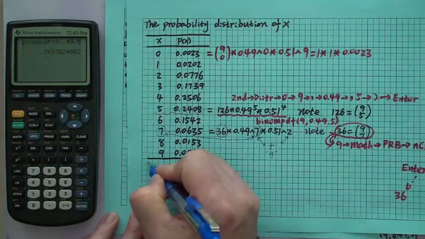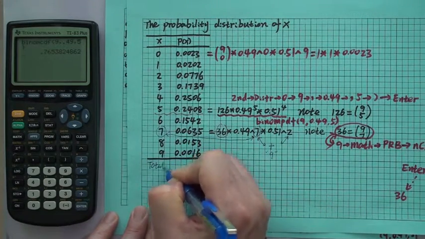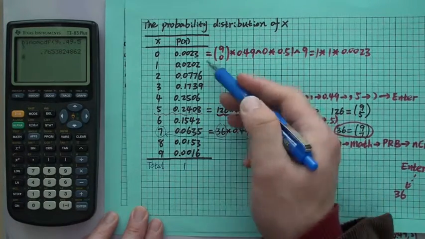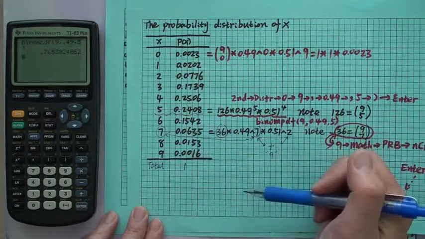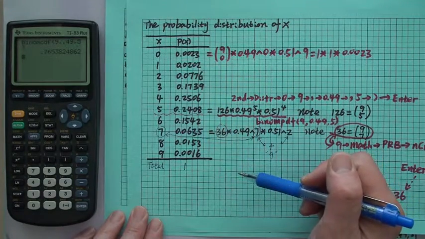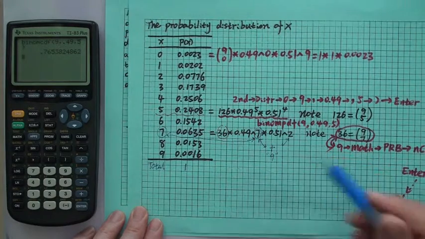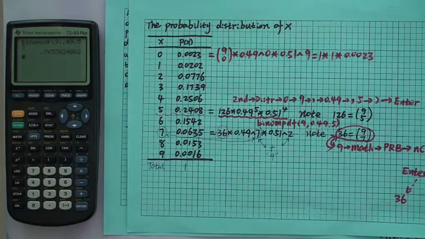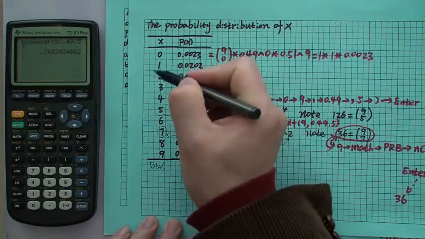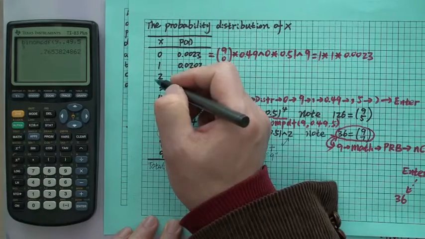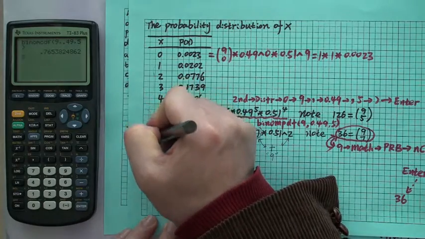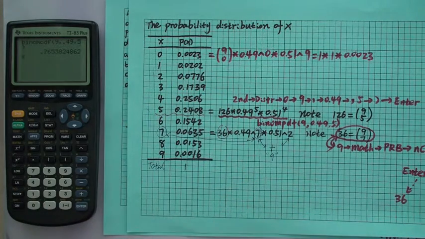So remember, when you add all the probabilities together, the total is 1. Now if you want to add all of them together, it takes your time.